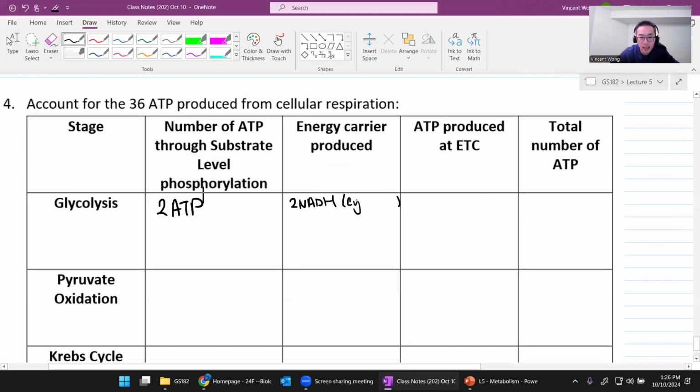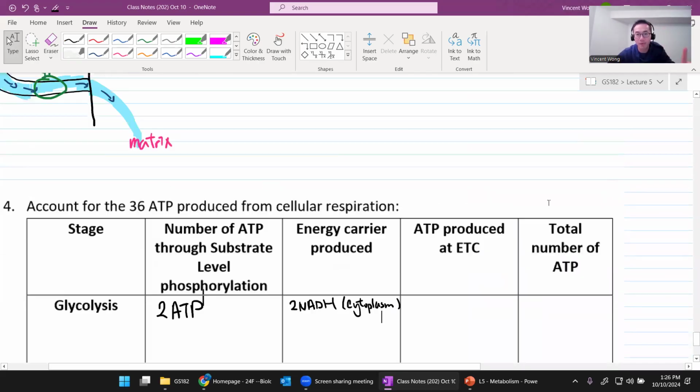And the purpose of these energy carriers, the NADH and FADH2, is to transport the electron to the ETC, right? And which part of the cell is the ETC located at? The cristae. Exactly.